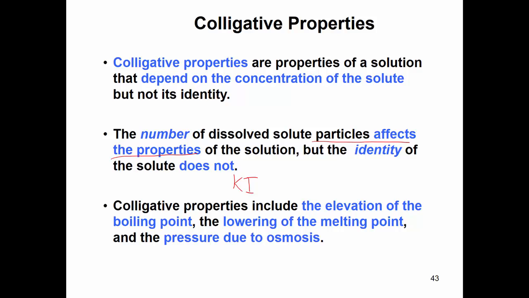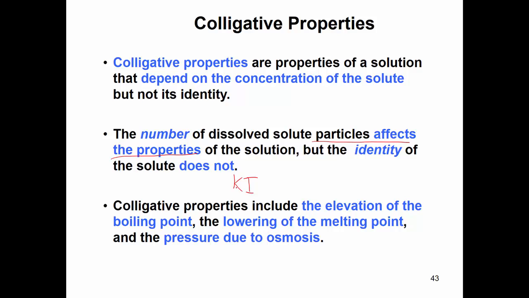If we think about water, we know its boiling point is 100 degrees C. Here the solute, in number of particles, is going to elevate the boiling point or lower the melting point.